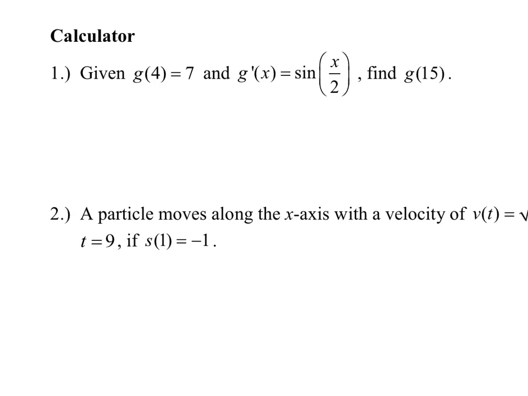For number 1 in our calculator portion, we're given that g of 4 is 7 and that g prime of x is sine of x over 2, and we're asked to find g of 15. So before you touch the calculator, you might want to write down symbolically what we're being asked to do. g of 15 would be equal to the initial value, which would be g of 4, plus the change, which would be the integral from 4 to 15 of g prime of x dx.